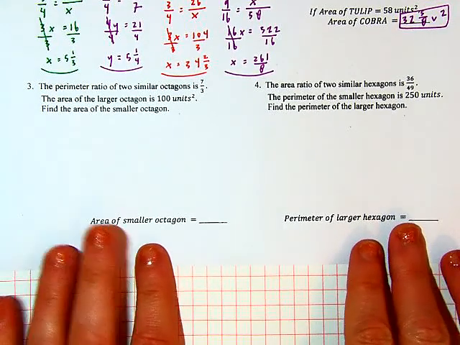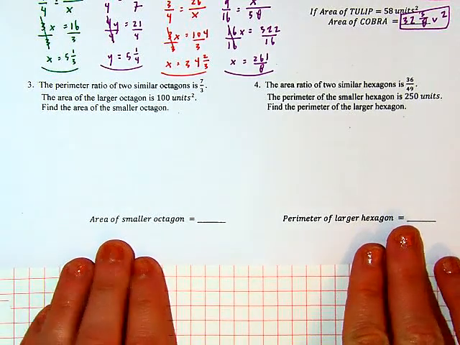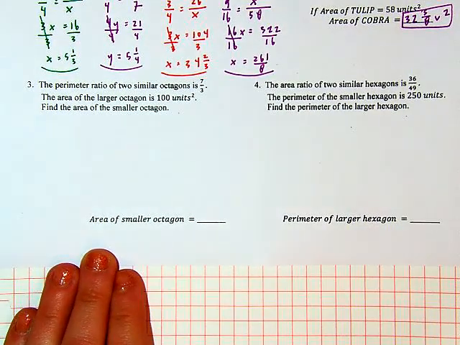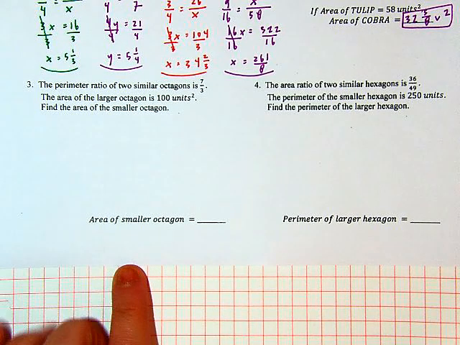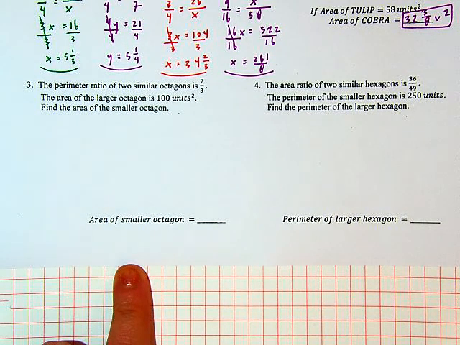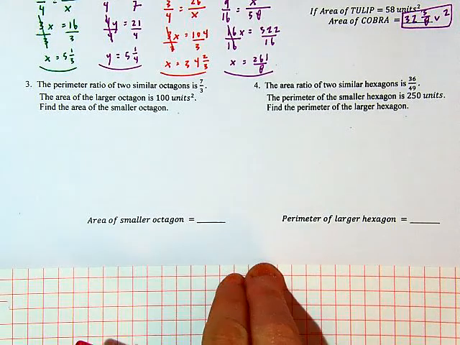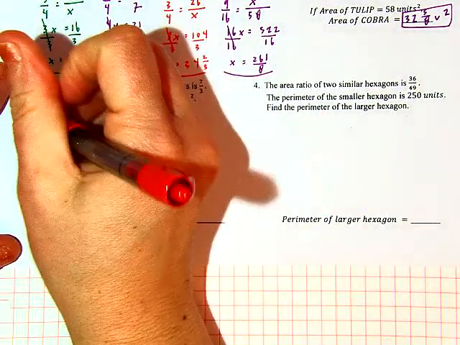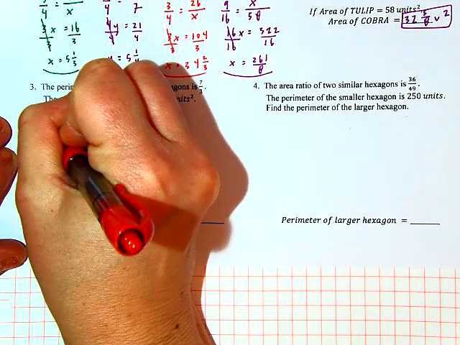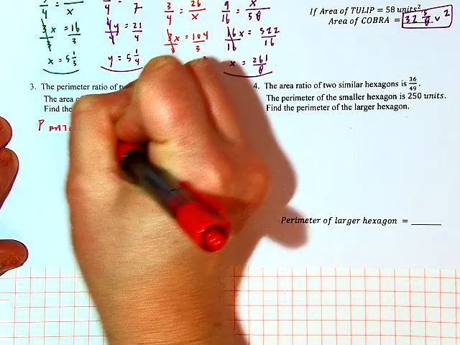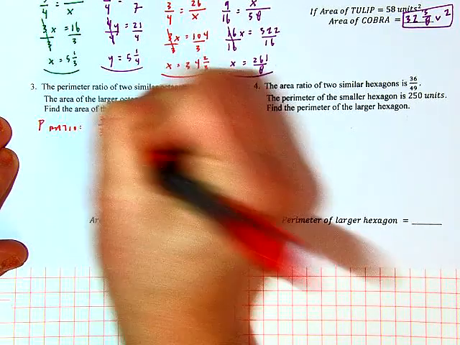All right, last skill, no pictures, just words. Here we're told that the perimeter ratio of two similar octagons is 7 to 3. The area of the larger octagon is 100 square units. We want the area of the smaller one. So what is it starting us off with? It's starting us off with the perimeter ratio, and it's telling us that that is 7 to 3.